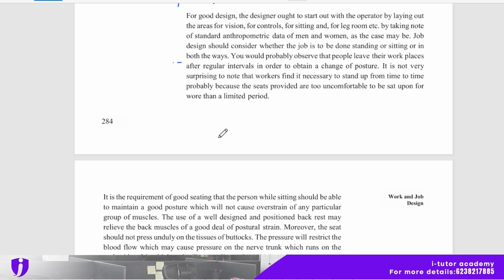You would probably observe that people leave their workplace at regular intervals in order to obtain a change of posture. It is not very surprising to note that workers find it necessary to stand up from time to time, probably because the seats provided are too uncomfortable to be sat upon for more than a limited period.